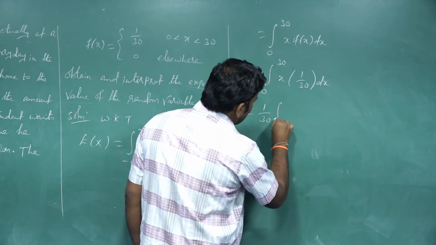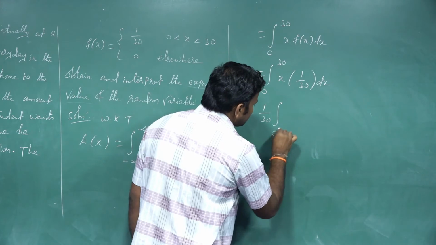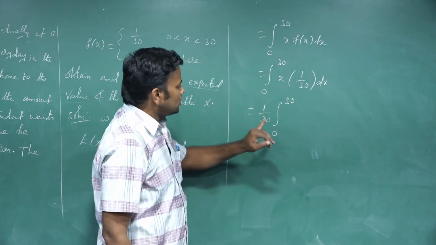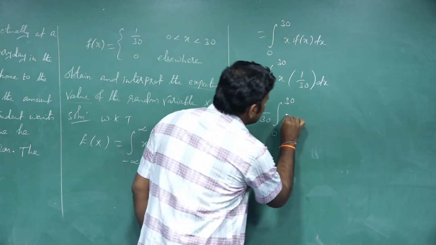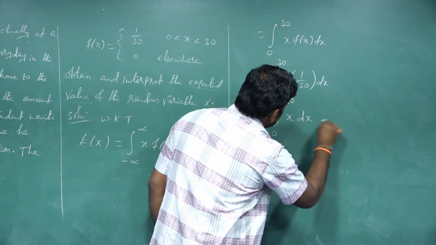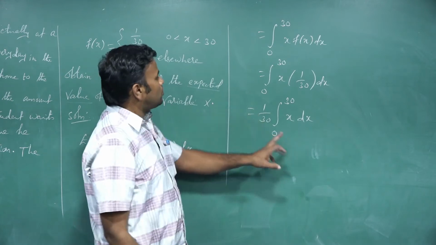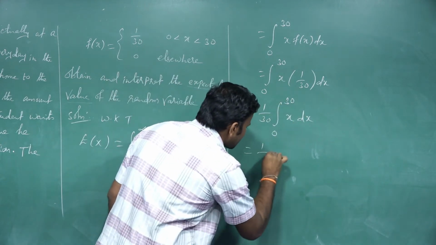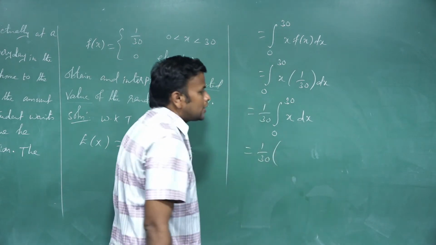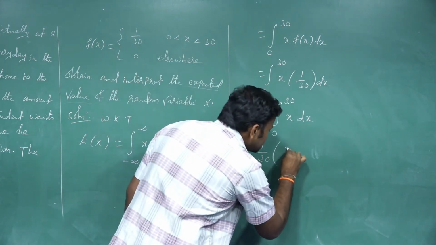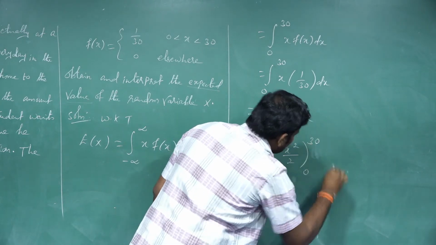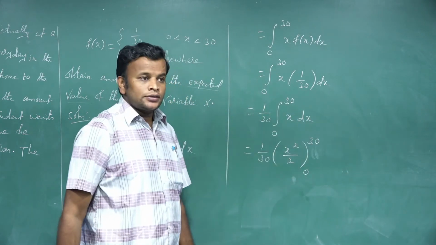So we take 1 by 30 outside, and the integral 0 to 30 of x into dx remains. We take the constant outside. The integral of x is x square by 2, and the limits are 0 to 30.